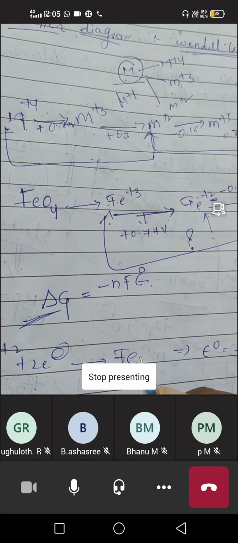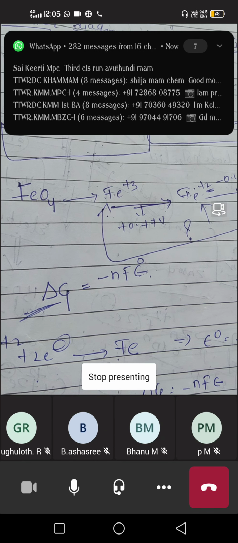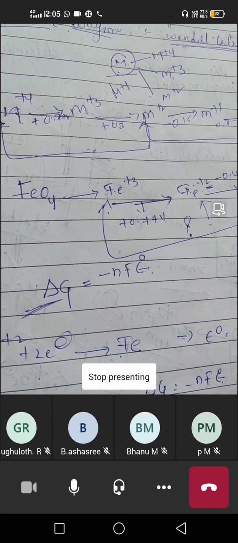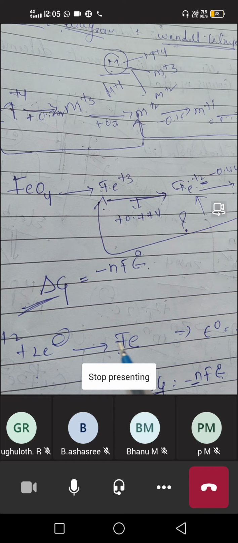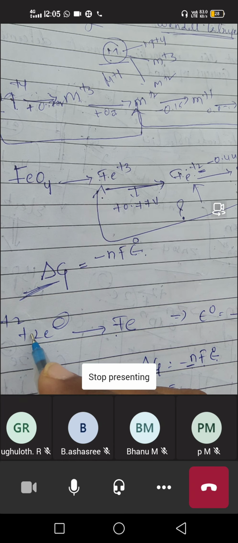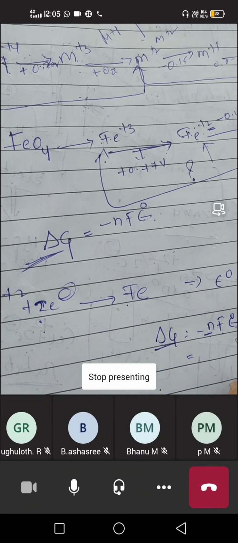Now we have the equation delta G is equal to minus nFE naught. Here delta G is the Gibbs free energy, that we have to calculate. E naught is given in the problem. n is the number of electrons involved in the reaction, and F is the Faraday. How many electrons are taken by the Fe? Two electrons.